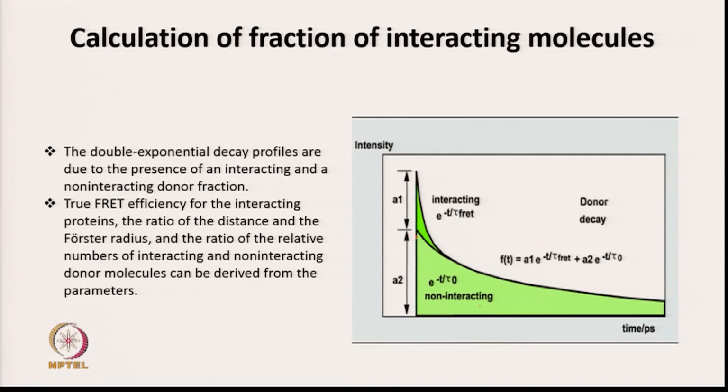So, suppose there is a donor, when it is not interacting, then this is your decay profile, and you can see this is slow decay. But if they are interacting, then this donor undergoes a fast decay. So, the double exponential decay profile is due to presence of an interacting and a non-interacting donor fraction.